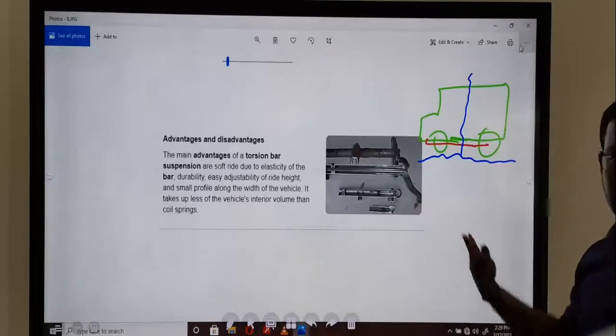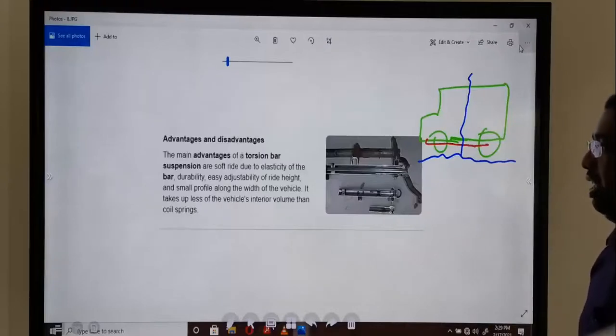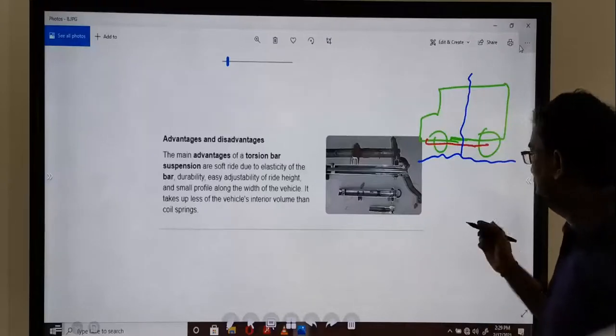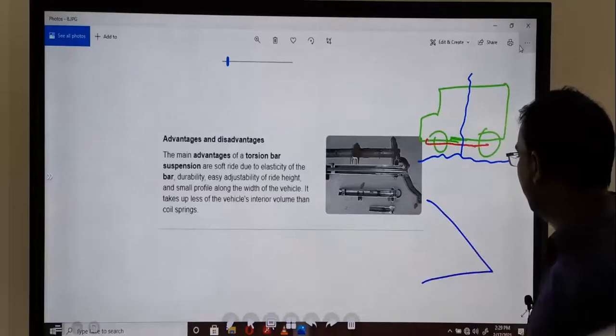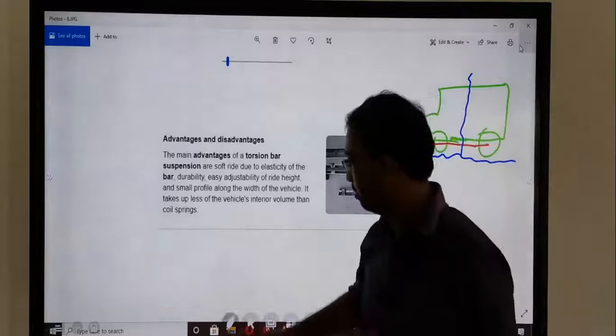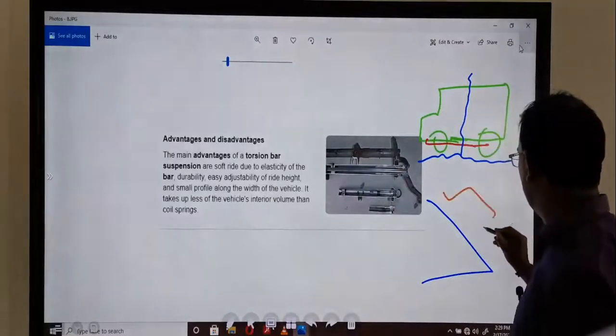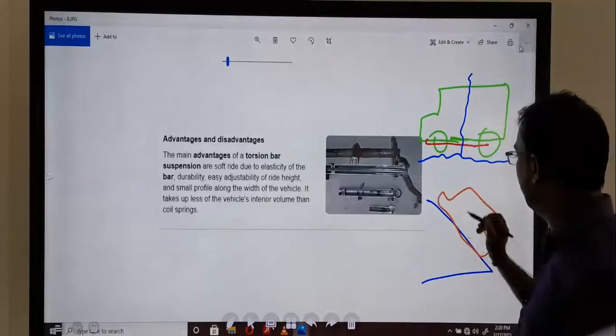It is also a suspension part, and it also adjusts the suspension ride height. The best example is a hill or mountain. The vehicle is climbing.